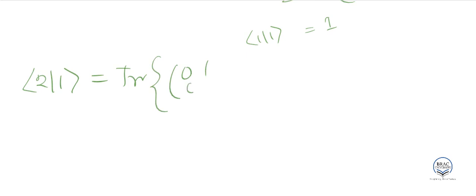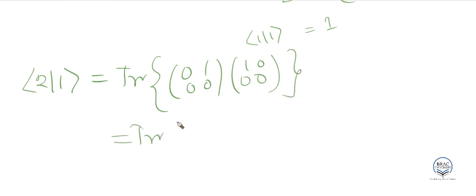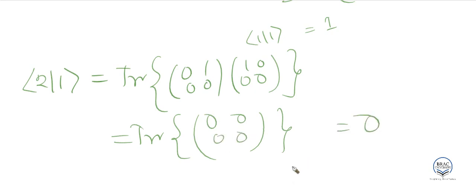Let's write all the matrices again. Now multiply them and evaluate the trace. If you multiply them, you can see that the first entry is 0, the second entry is obviously 0, the third and fourth are 0 as well, and the trace is just 0.